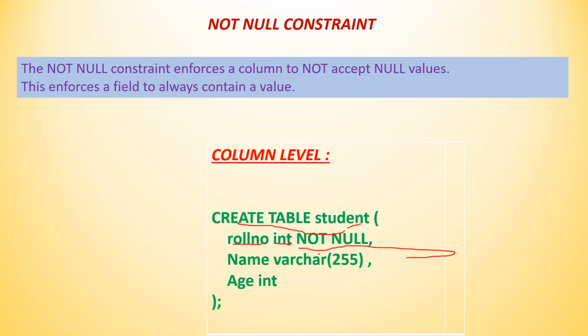This is your constraint. Not null is your constraint. Now whenever you enter data in this table, you cannot leave roll number blank. You have to enter some roll number for the student. The not null constraint, as I have already told you, cannot be applied at table level. It is applied only at column level.